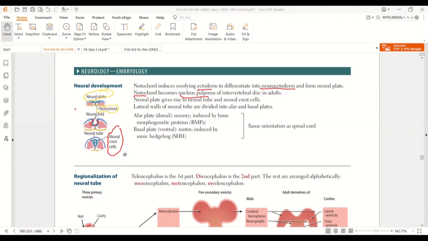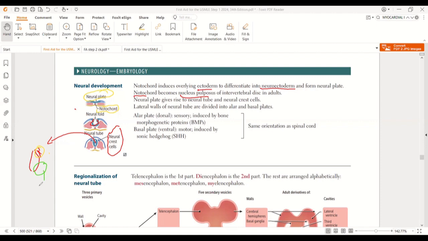So let's suppose I magnify this neural tube. The lateral portion of this tube is divided into two parts. This is the dorsal portion, and this green color shows the ventral portion.